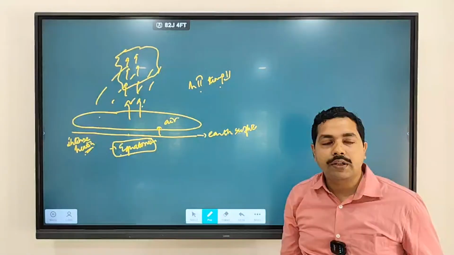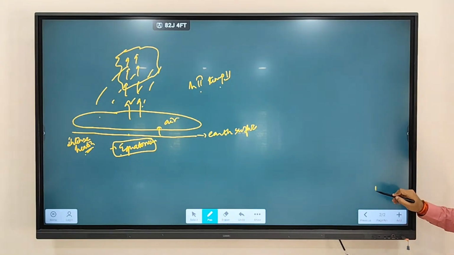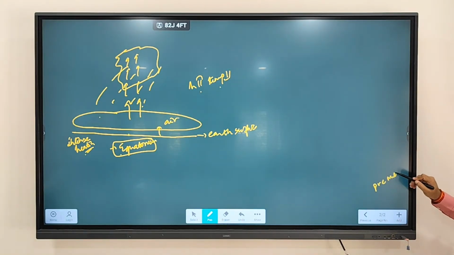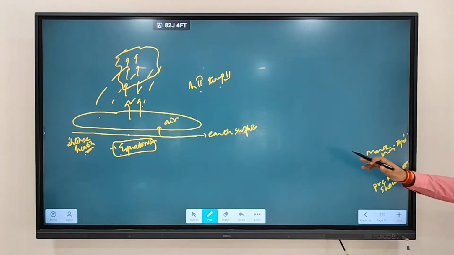So in India, you have studied a term called pre-monsoon shower. Okay, there is a term used, pre-monsoon shower. As we discussed, in India, in the months of March, April, May, sometimes you see rainfall, no? So that rainfall is occurring due to what? The convectional rainfall.